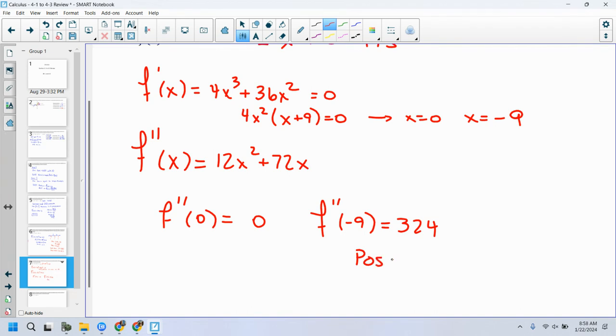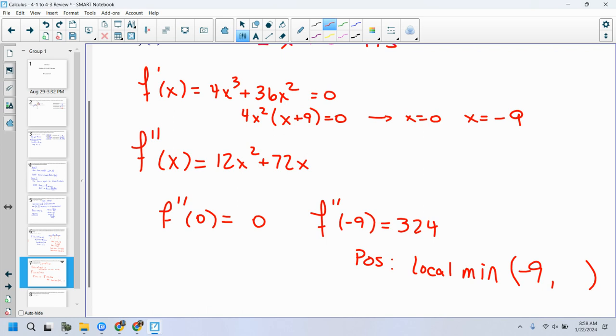Now, if it is positive, that means it is concave upward at that point, right? And if it is concave upward at that point, a happy face, that means it's got to be a local minimum value, right? So that means it's a local minimum at negative 9 comma something. We'll figure out what that something is.